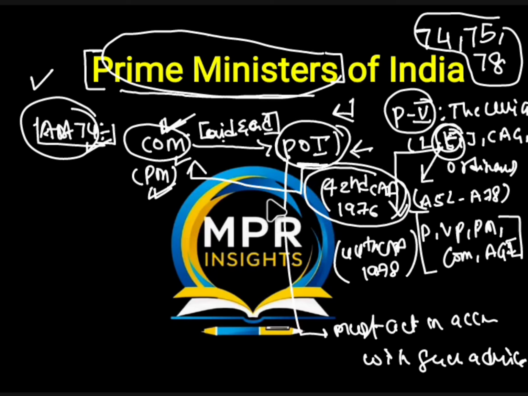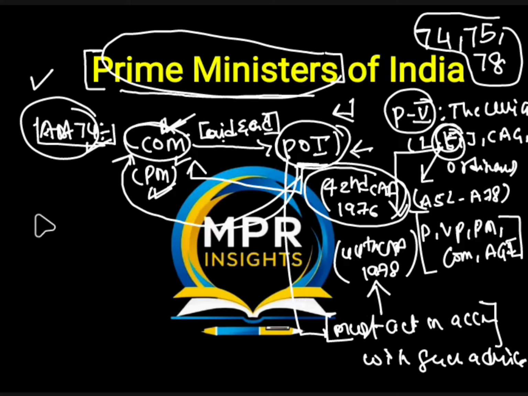Later the Janata Party came to power and added one more provision: the President can send back the advice for reconsideration, and if the Council of Ministers sends the same advice again, the President must act in accordance with such advice. This was added via the 44th Constitutional Amendment Act 1978.